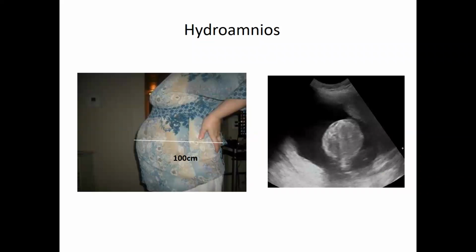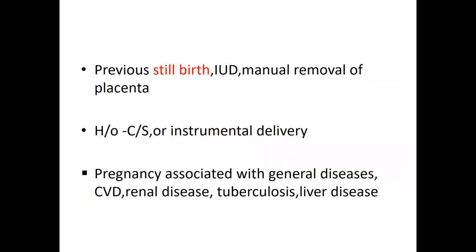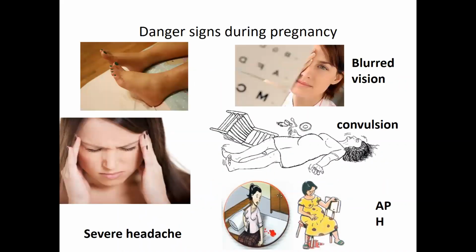Whenever it is diagnosed, we should immediately consult the clinician. History of previous stillbirth, IUD, intrauterine death, manual removal of the placenta, history of cesarean section or instrumental delivery, pregnancy with comorbidities. So these are all important.